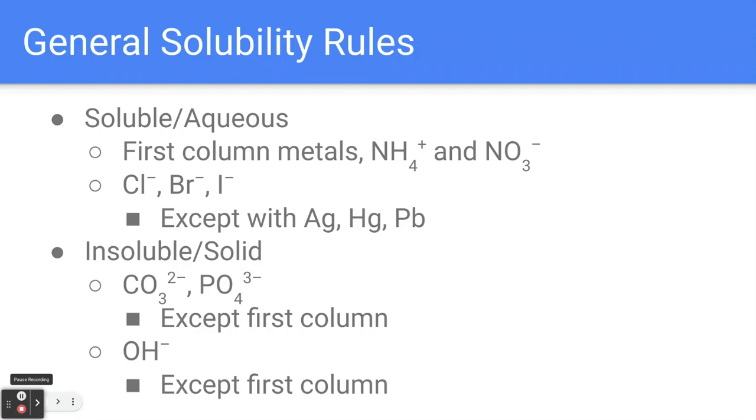Your insoluble solids are typically going to be carbonates or phosphates, and hydroxides, except when they are bonded with the first column. Again, you don't need to memorize this. It just helps get things going a little faster once you start to learn those rules.